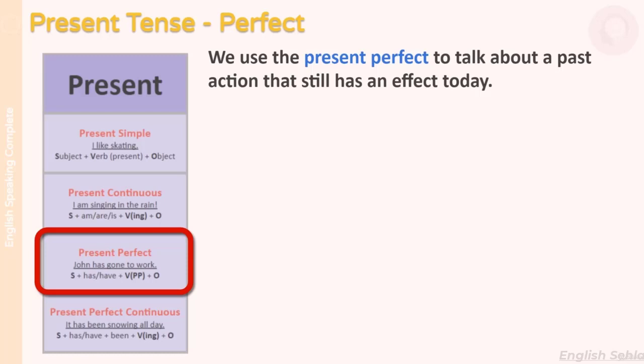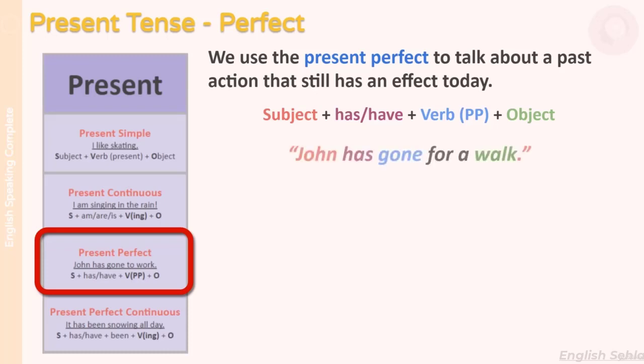It's not really too important, but he has gone now as well. The effect is he's not here. He has gone to work. And to make the present perfect, we have subject plus has or have, depending on the type of pronoun, plus the past participle form of the verb, plus the object. That's the basic structure of the present perfect tense.